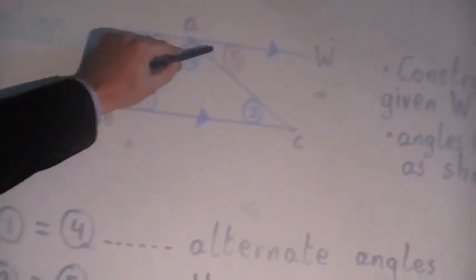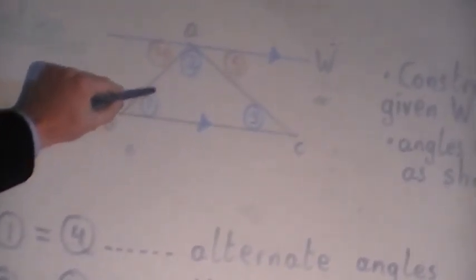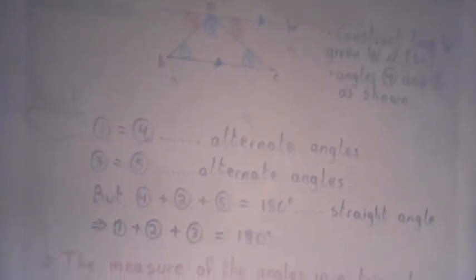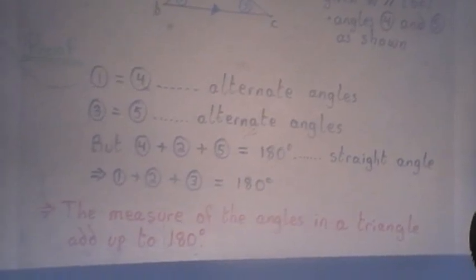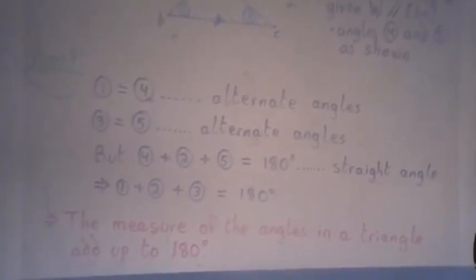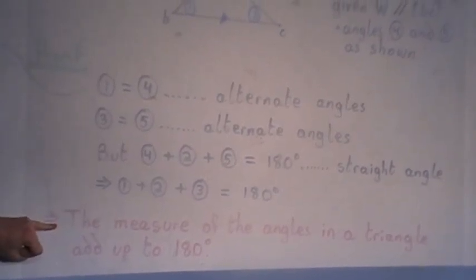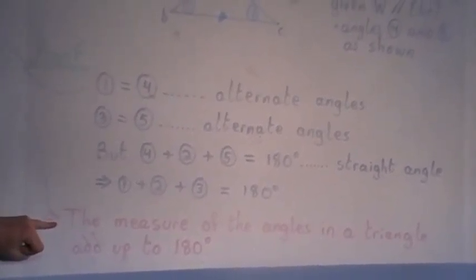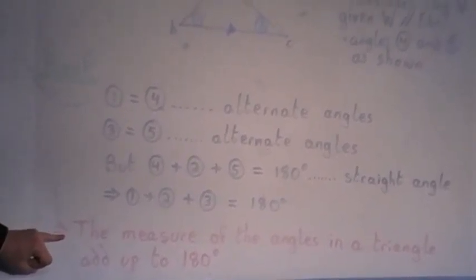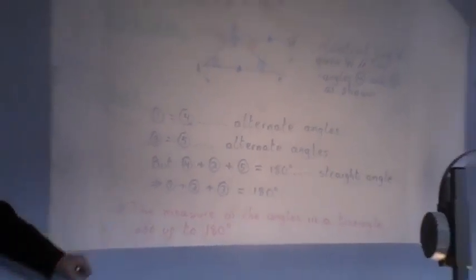So if that is 180, that plus that must similarly be 180. Any questions about it there, lads, please? So you just give your general statement at the end. Therefore, the measure of the angles in a triangle add up to 180 degrees. Any questions, please? Okay, thank you.